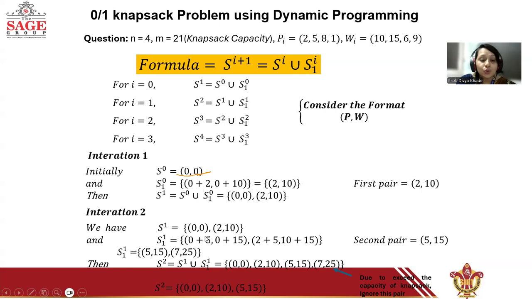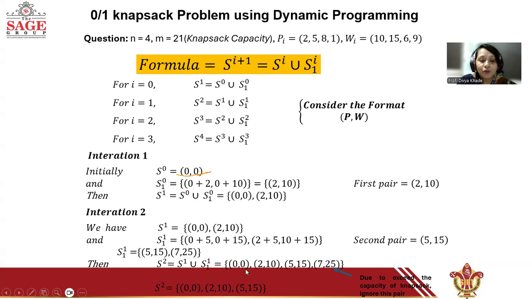In the iteration 2, if we now want to take the second object which weight is 15 and profit is 5, we have to merge this weight with the new one. So now the sets are 0 0, 2 10, new weights are added 5 15, and 5 and 15 added in this 2 and 10 will become 7 and 25.